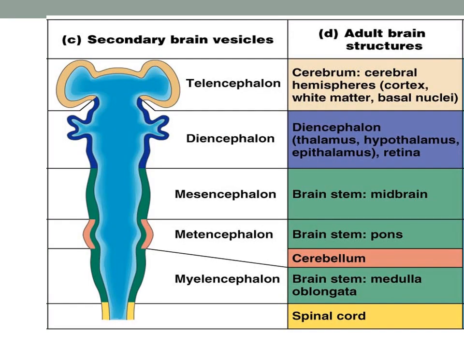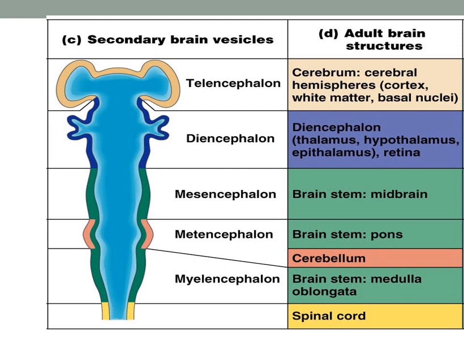Then, as the neural tube continues to develop and it continues to grow, the primary brain vesicles continue to grow and continue to expand, and we see the development now of the secondary brain vesicles.